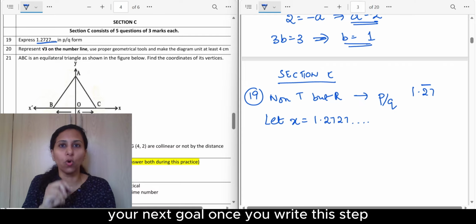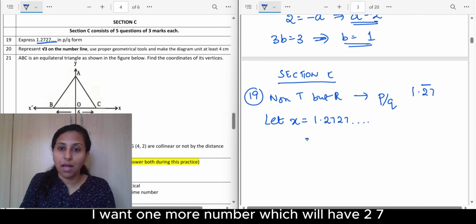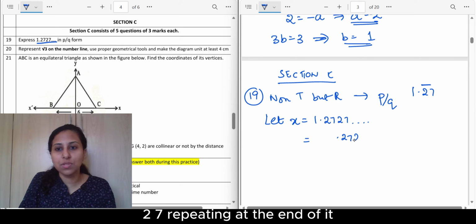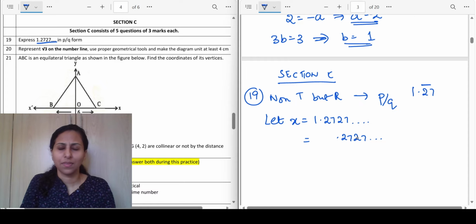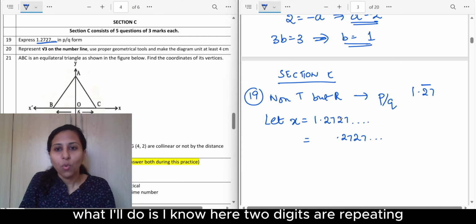Your next goal, once you write this step, is to make sure you get another number. I want one more number which will have 2727 repeating at the end of it. Okay, that's the goal. How will I get this? Another number with 272727 repeating. I know here 2 digits are repeating, right?